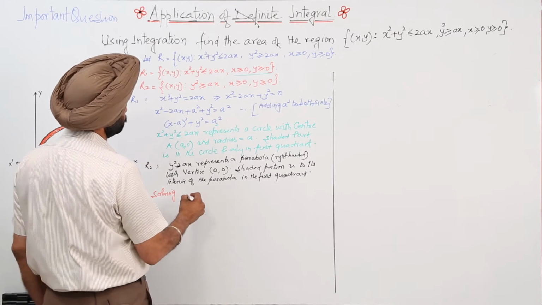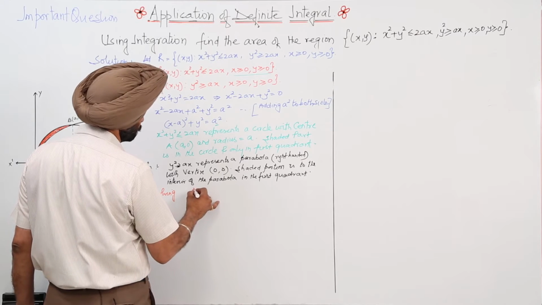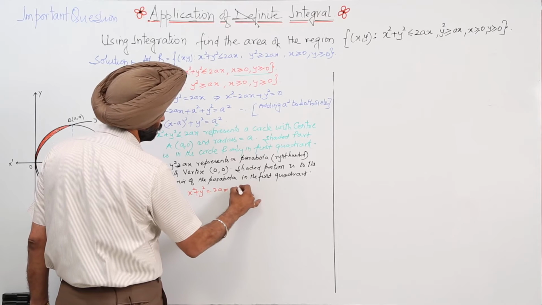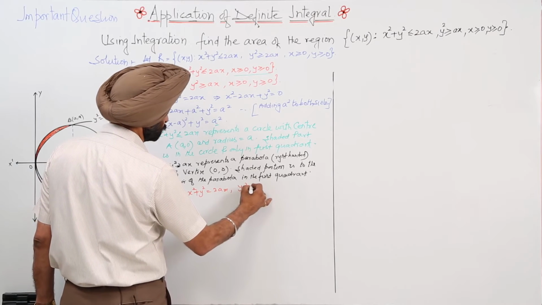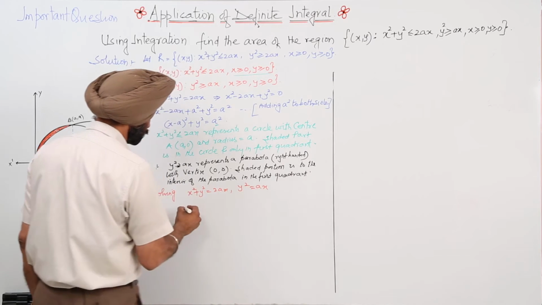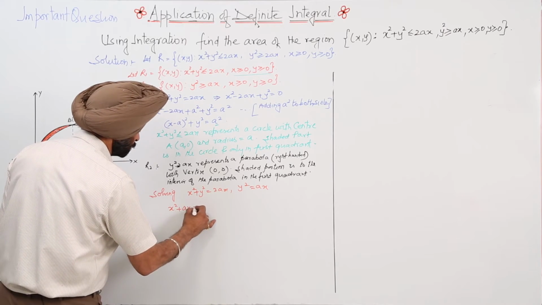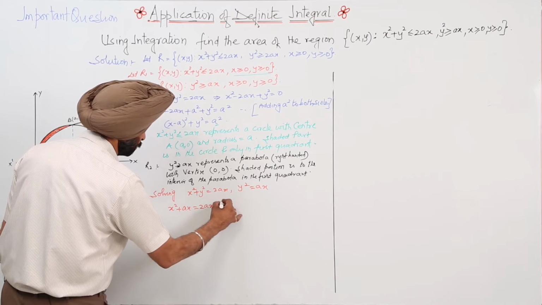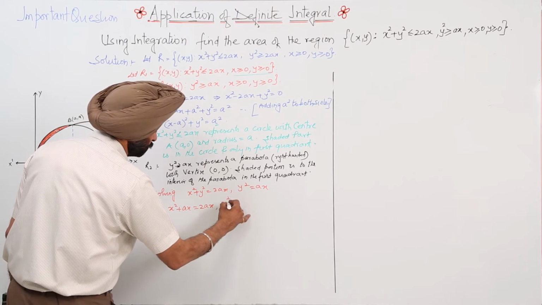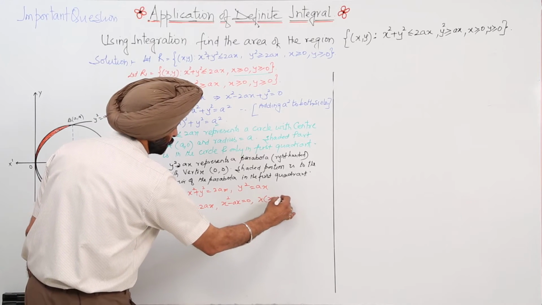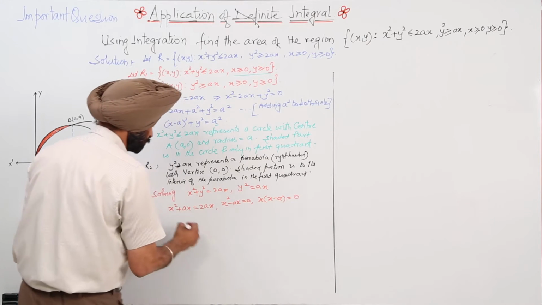Solving x² + y² = 2ax and y² = ax. Now what are we getting? x² + ax = 2ax, x² − ax = 0, x(x − a) = 0.